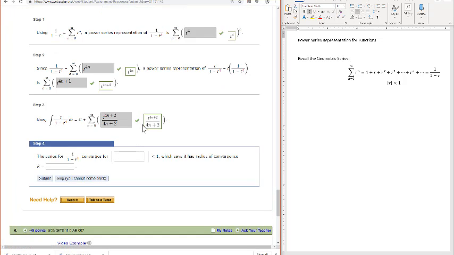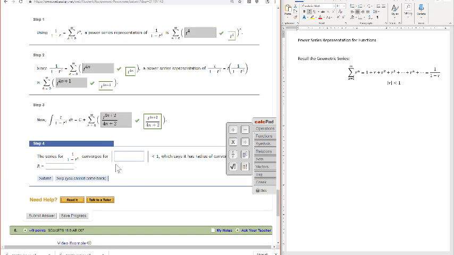Now we want to know the convergence. We know that the absolute value of r is what's going to converge. And so this is going to converge with the absolute value of what was r again?